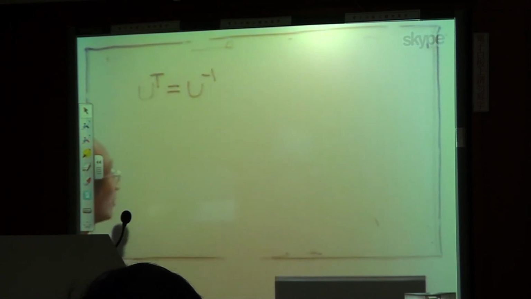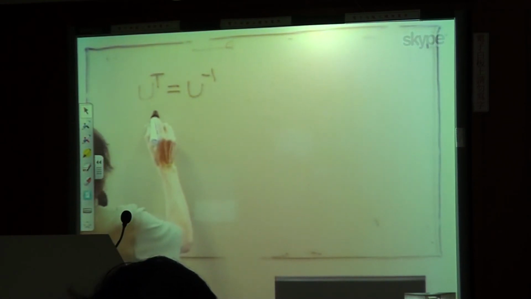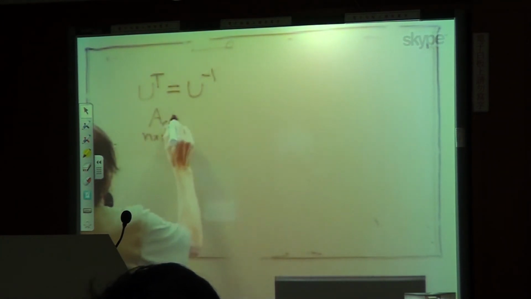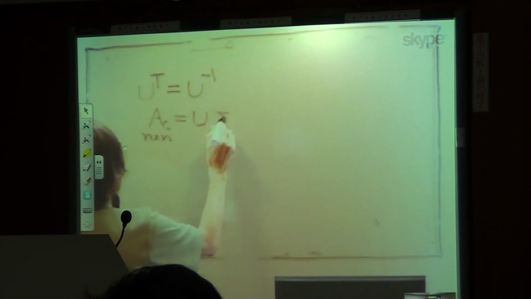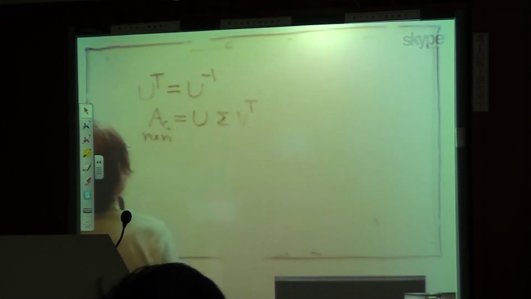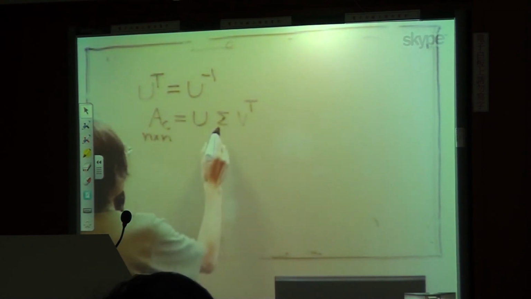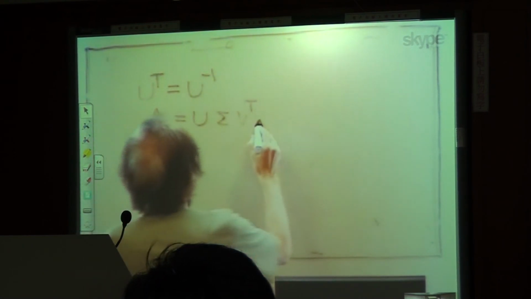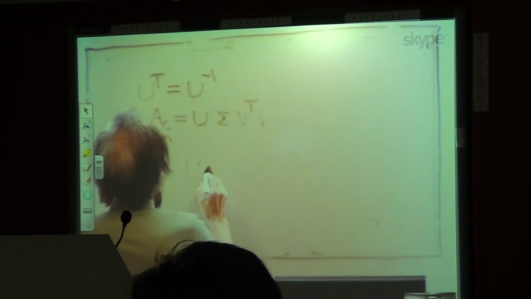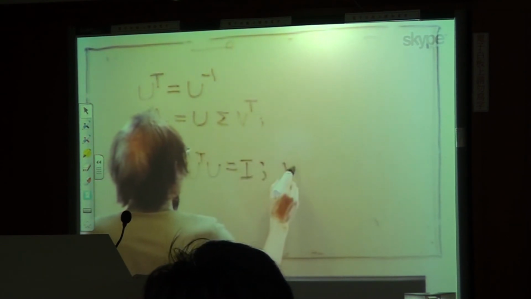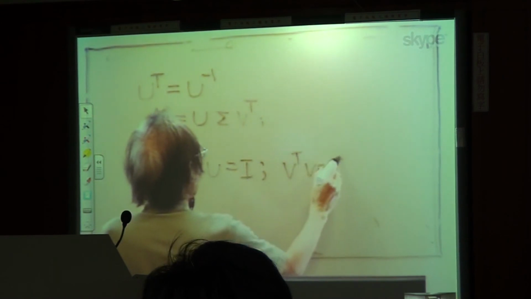If you have a singular value decomposition, for example, I have A, this is n by n, and this is my singular value decomposition's transpose. If this is real, then U transpose U equals identity, and V transpose V is also identity.